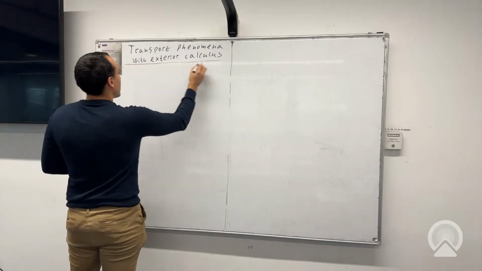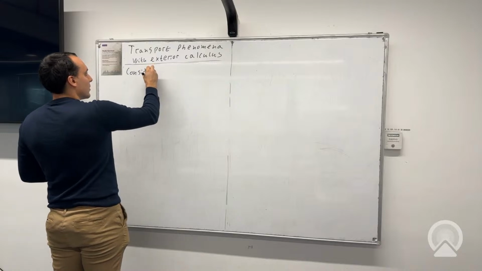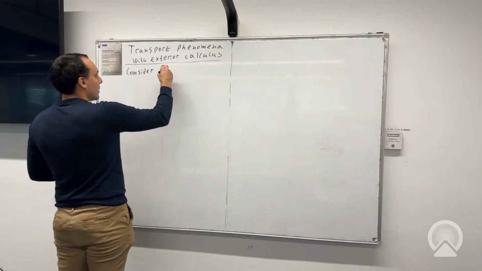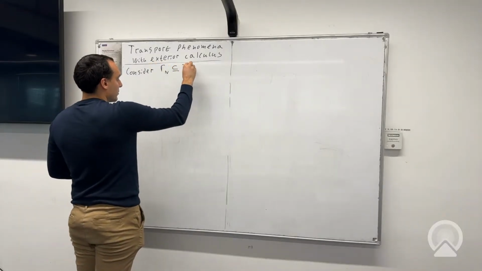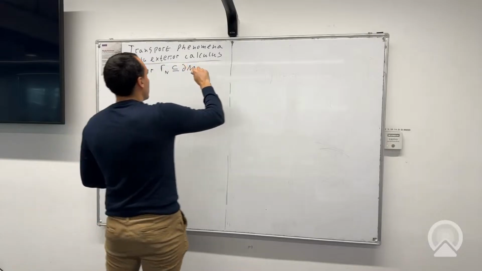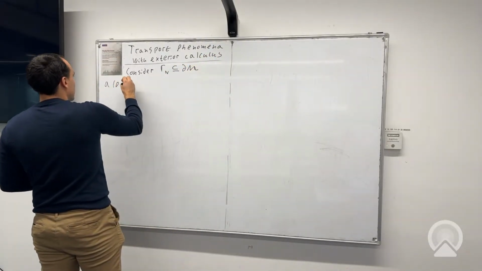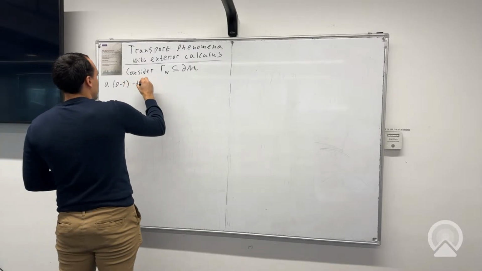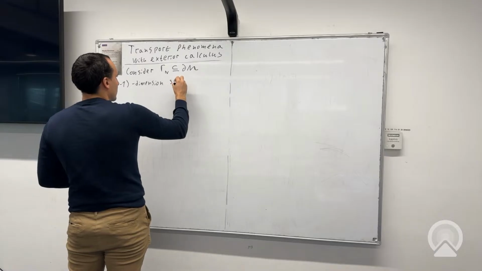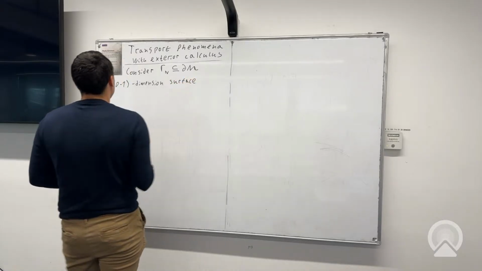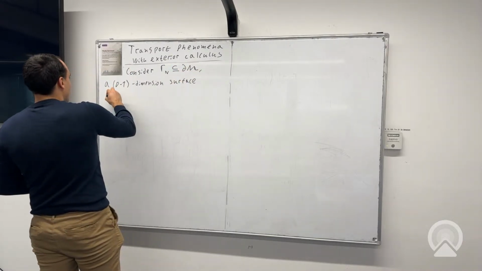For that, consider gamma n, which is a subset of dm, a d minus 1 dimensional surface. So this is the Neumann boundary.